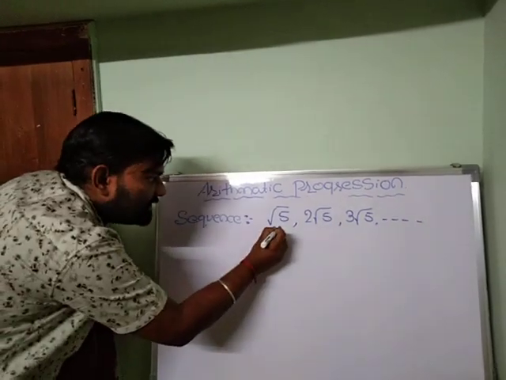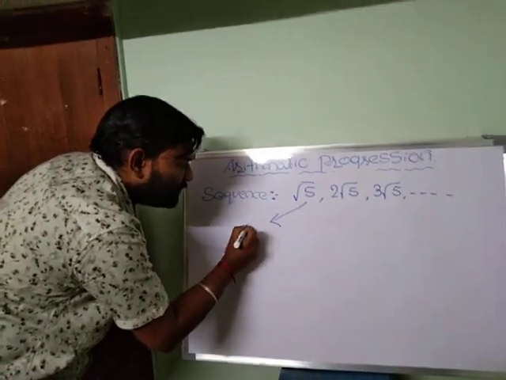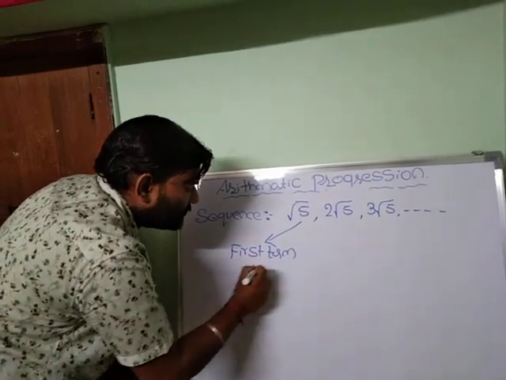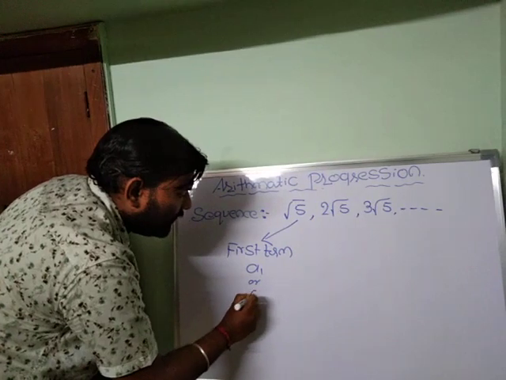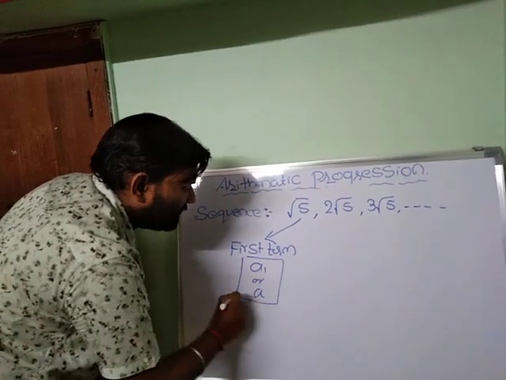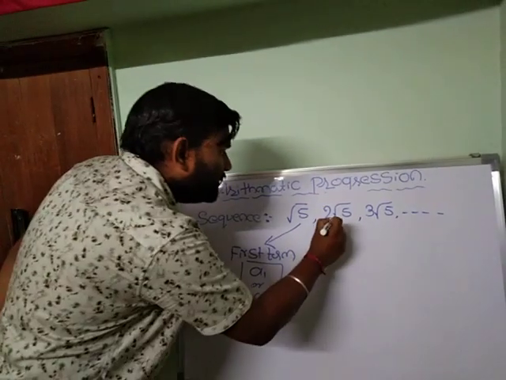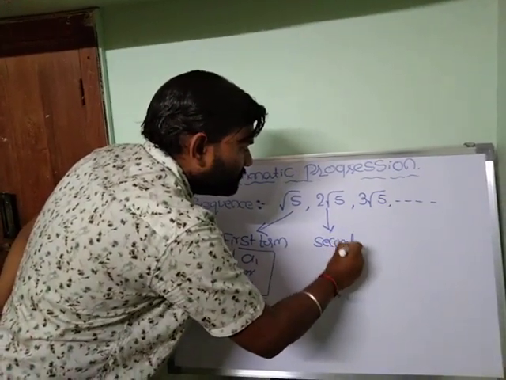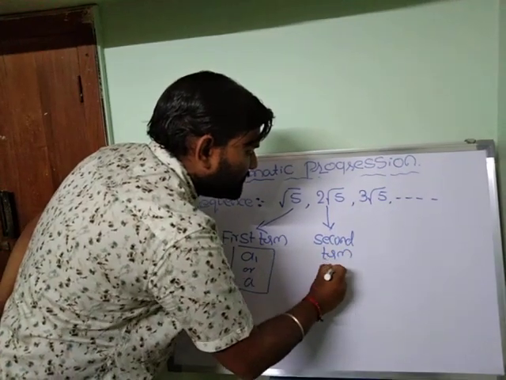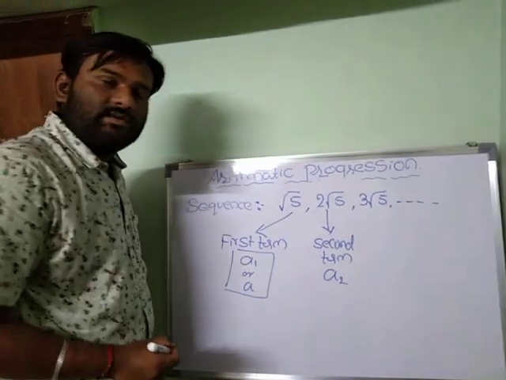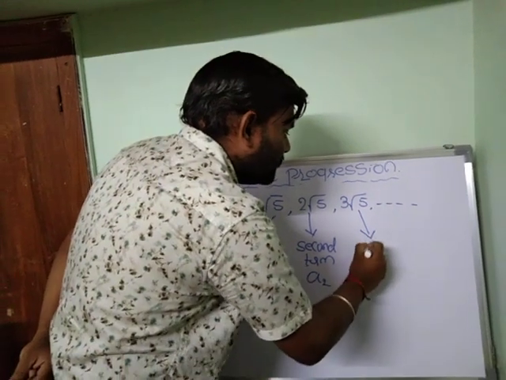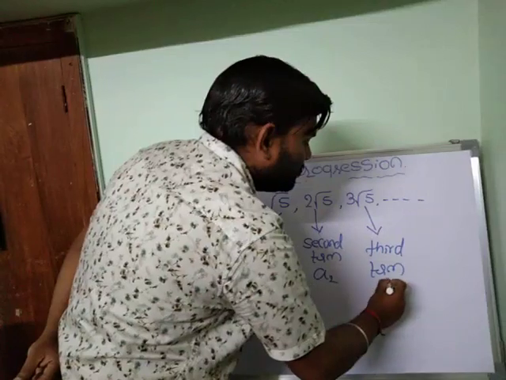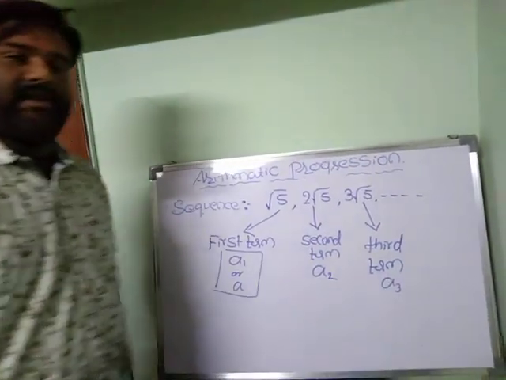Here, the first term is written as what? A1 or A. It is applicable only for the first term, not any other terms. This is the second term, written in short as A2. This is the third term, written in short as A3, and it continues.